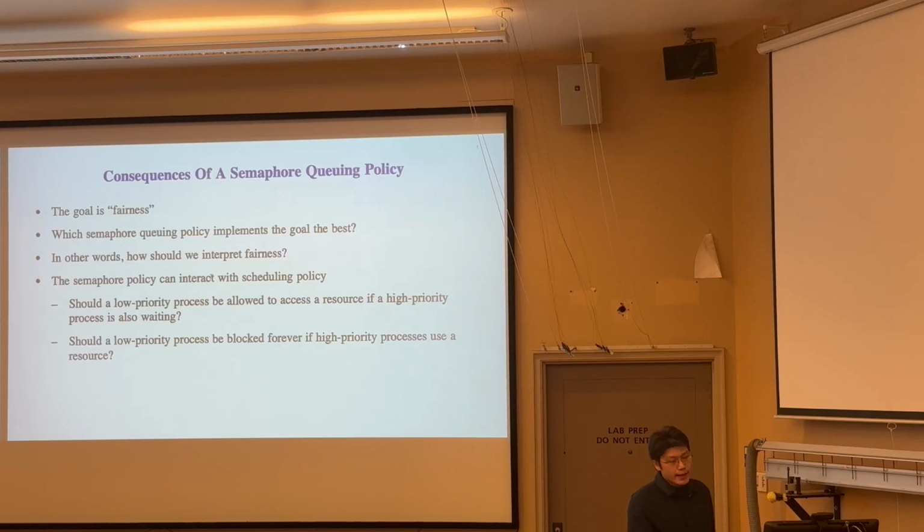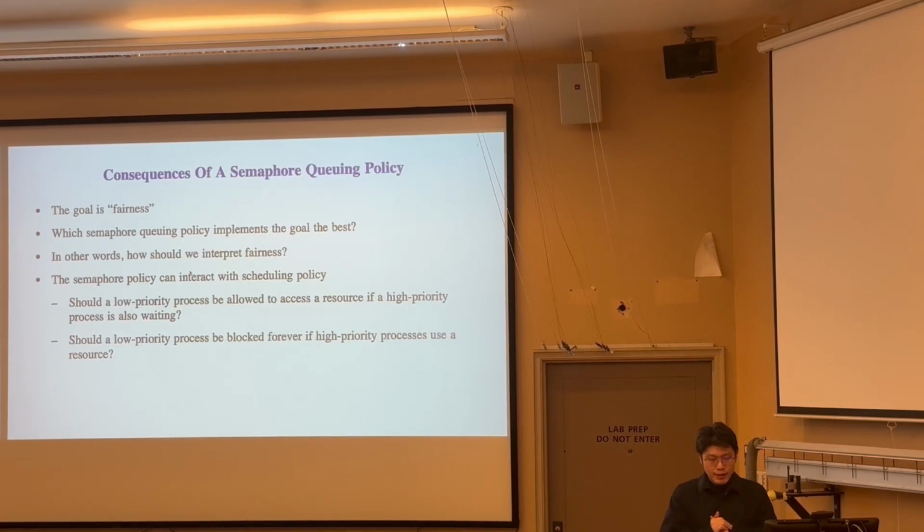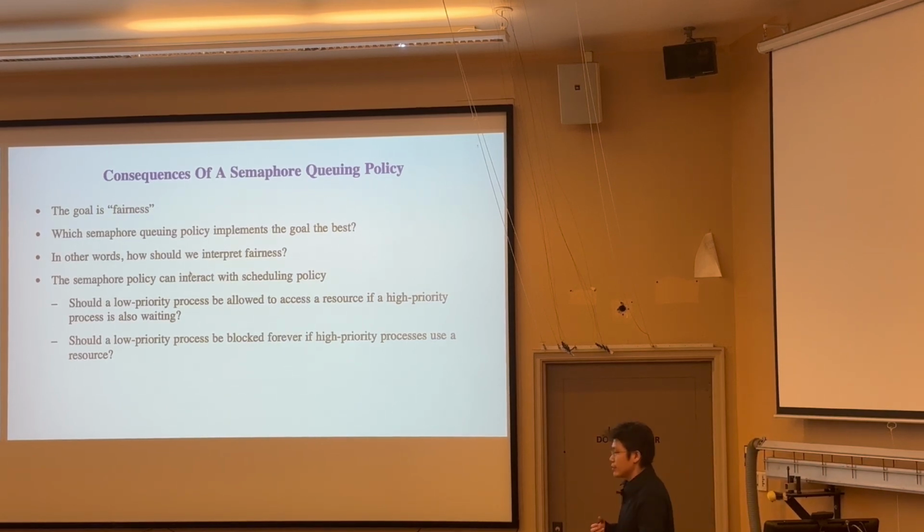But the semaphore policy is how you manage the processes that are blocked on the semaphore queue. One manages the ready list, the other manages the semaphore queue. The interaction between them could be very interesting.